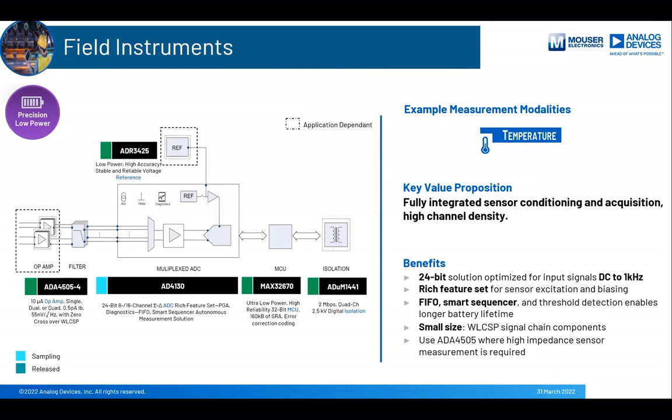For temperature sensors, the AD4130 is actually a complete measurement solution where it has all the integrated features that can be easily exposed to bring value to the end application. If additional signal conditioning is required, such as higher input impedance sensing or special filtering of the front end, then we've highlighted the ADA4505 as a good device to consider.